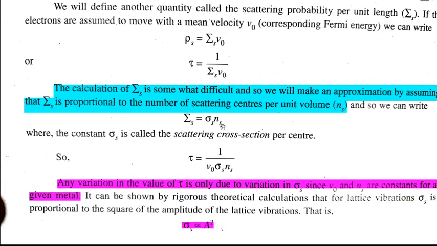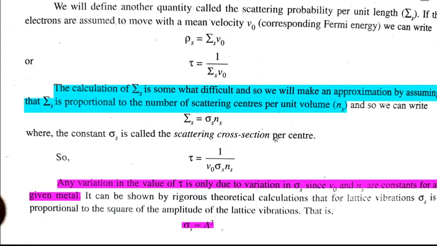And when you remove the proportionality constant, you have the scattering cross section. So if you take a per unit cross sectional area, how many scattering centers you encounter, that will give you the proportionality constant.